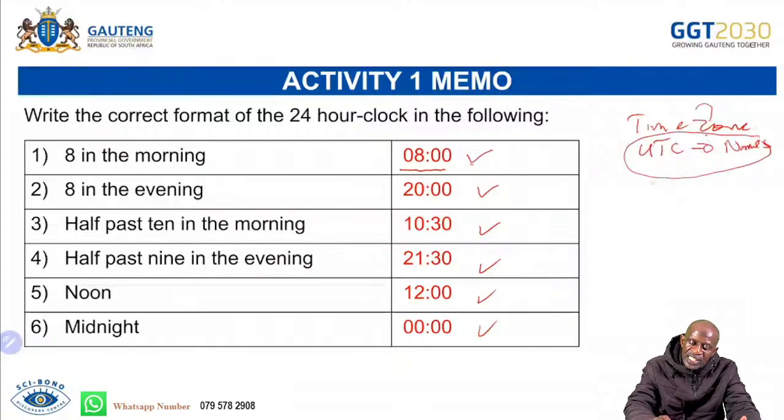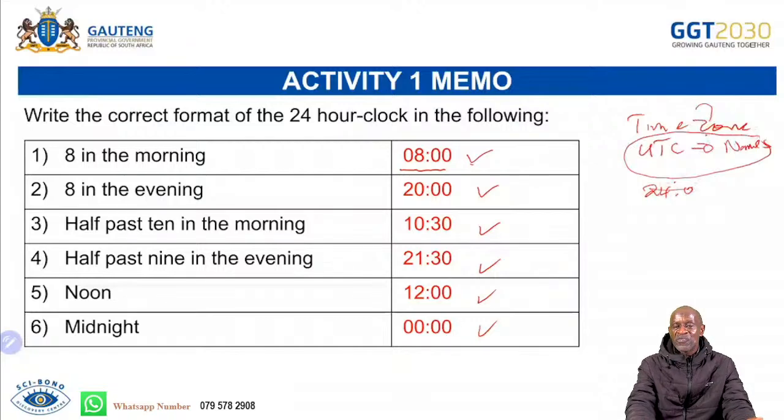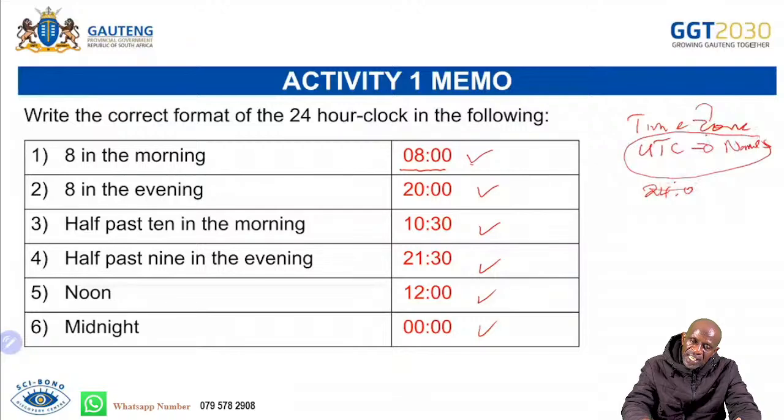We have clearly explained the 24-hour clock that we will use as we discuss time zones. We also looked into the shape of the Earth, which we said is round, and we have explained the rotation of the Earth, which we said is always rotating from west to east, and that kind of movement is known as the anti-clockwise rotation of the Earth.